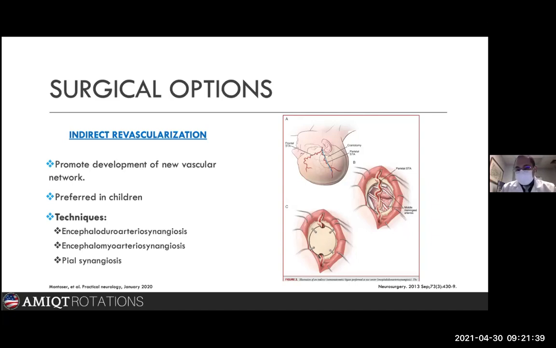For example, in this case, you can see that the same superficial temporal artery has been inserted in the cerebral parenchyma in order to induce the production of new blood vessels.